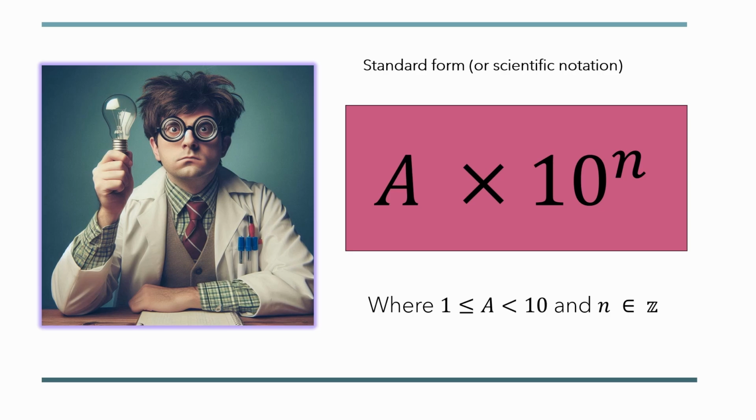A multiplied by 10 to the power of n, where A represents any number from 1 to less than 10, so numbers such as 1, 2, 5.6, or 8.17 are acceptable values of A. And n represents any whole number, positive or negative.